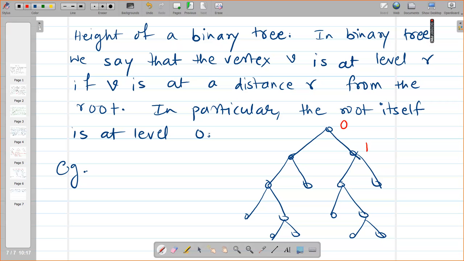So this is level 0, 1, 2, 3, 4. So what is the height of this binary tree? What is the height of this tree? It is the highest level, okay?